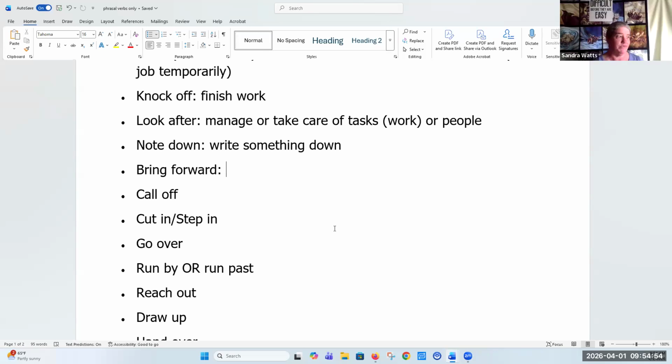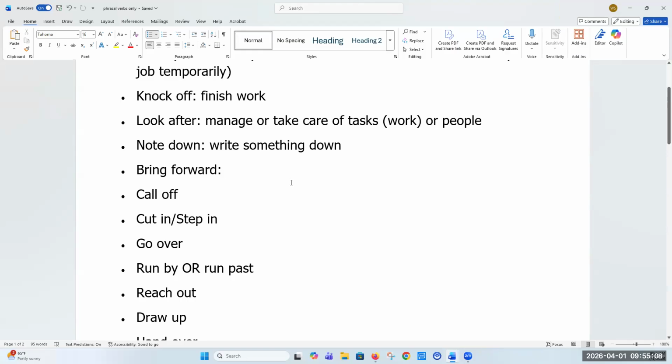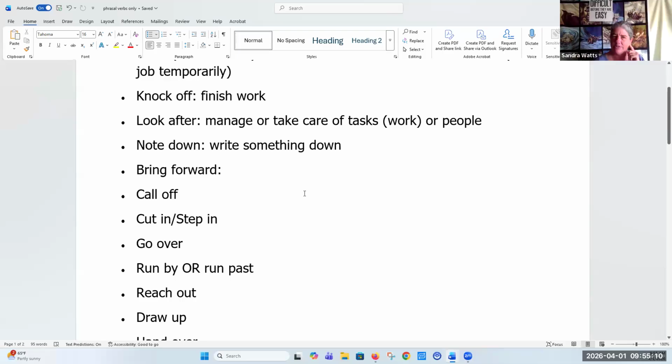But we will have something similar to that. Anybody know? Bring forward. Although forward usually means future and this one doesn't, so that's interesting. Anybody have an idea?